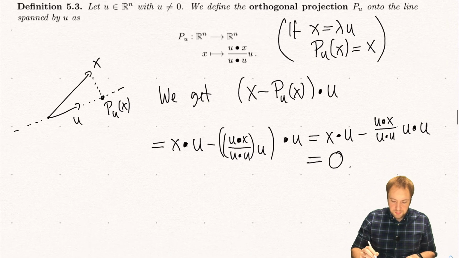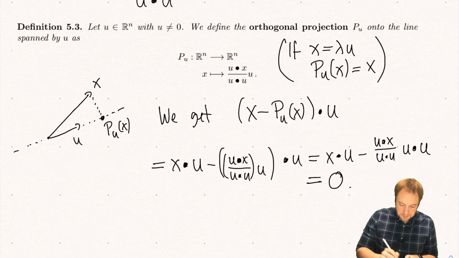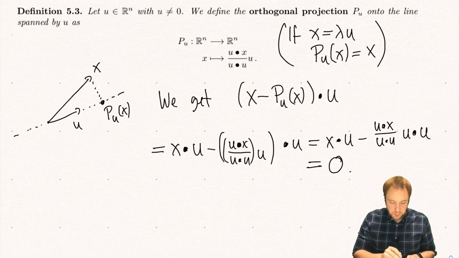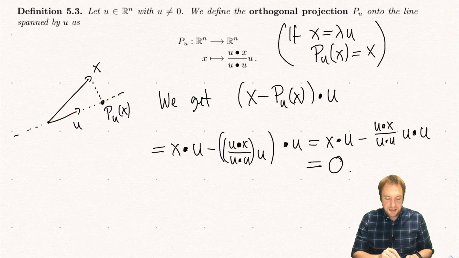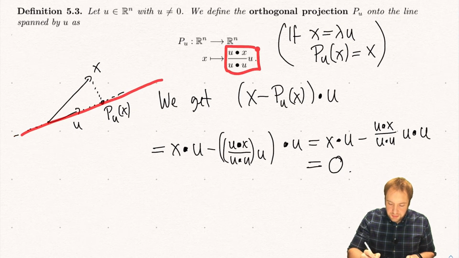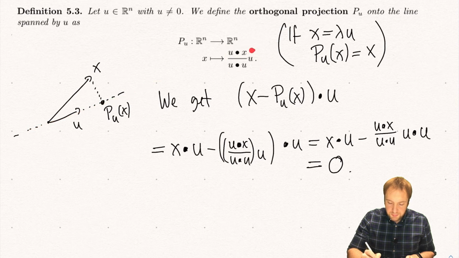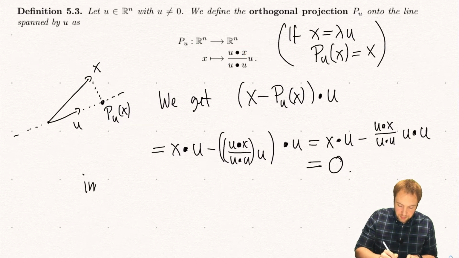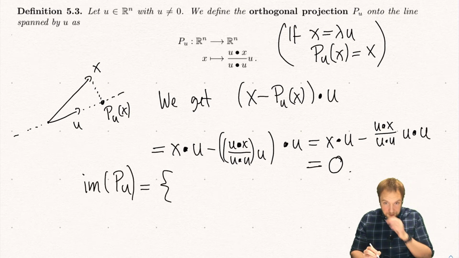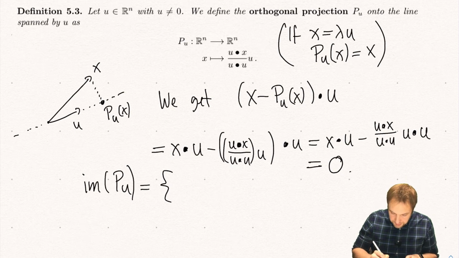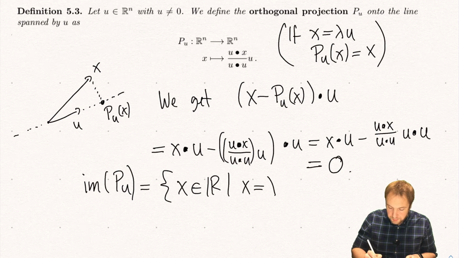And also the image of this map, what is the image? Clearly the image is the line of u, because everything we get out of this function is always a multiple of u, and therefore the image of this pu is given by all x in Rn which are given by some multiple of u.